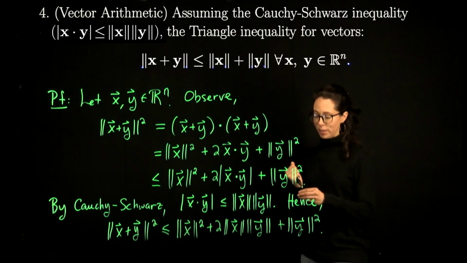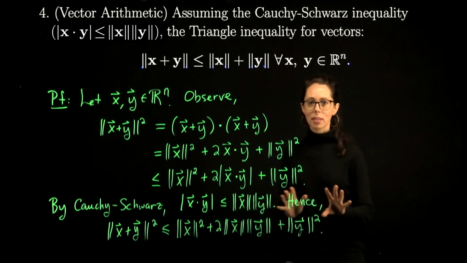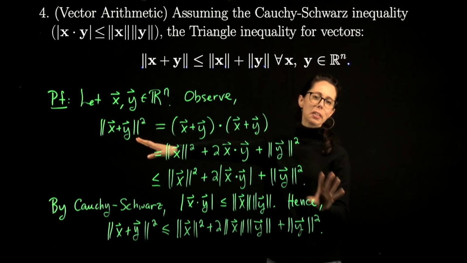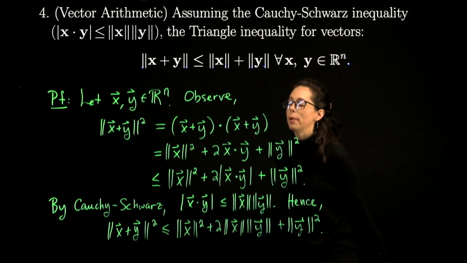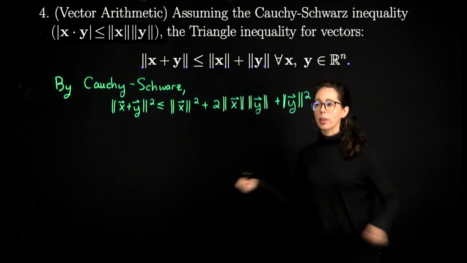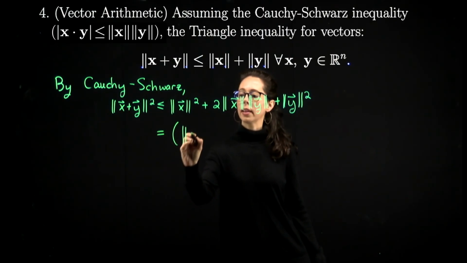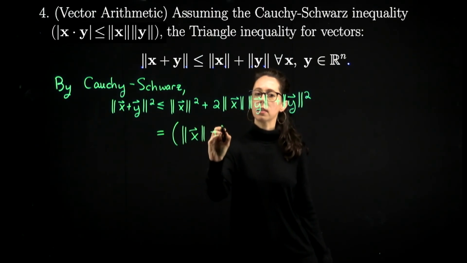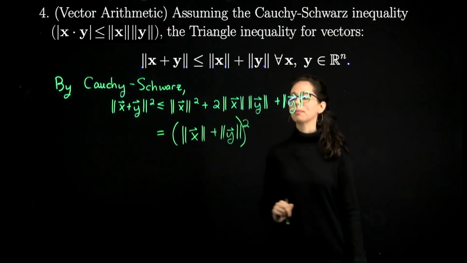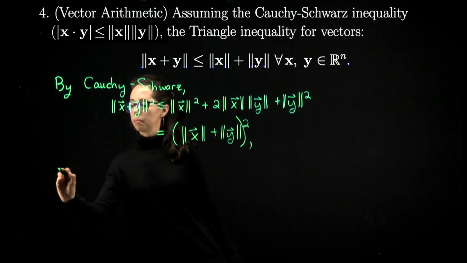I need to finish this, but I'm out of room. So what I'm going to do is let you copy this down if you're still working. And then I'm going to just raise this up here. So I'll erase all of this, but it still exists. And I'm just going to slide this line up and we will finish from there. Picking up where we left off, this right-hand side is going to be the length of x plus the length of y squared. And then let me write and therefore.